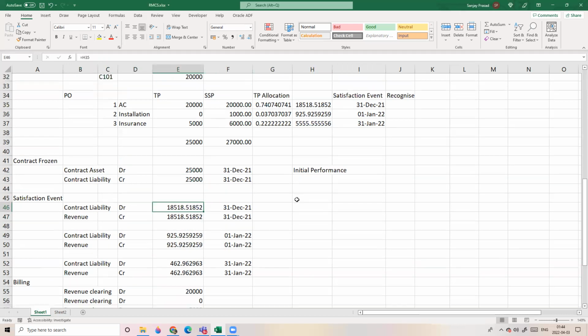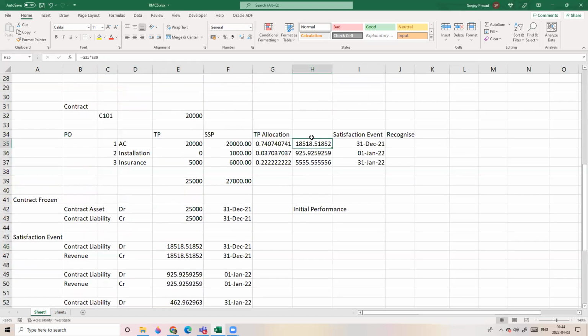And what is the amount? The amount will be the allocated transaction price. Though I am selling this AC at 20,000, according to the contract amount and SSP it actually values this according to this contract.